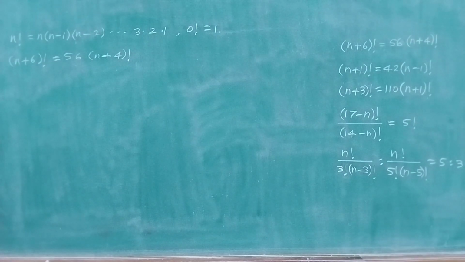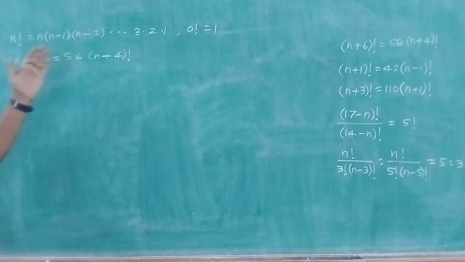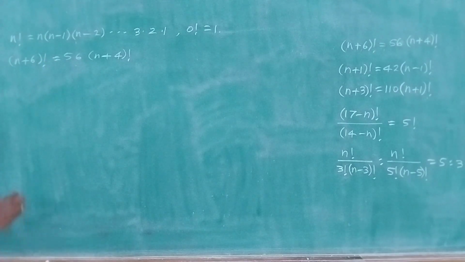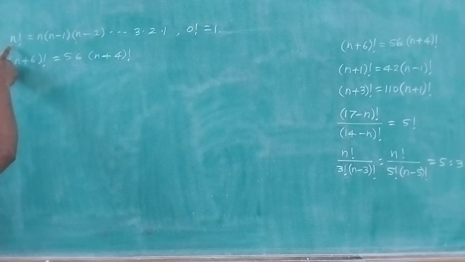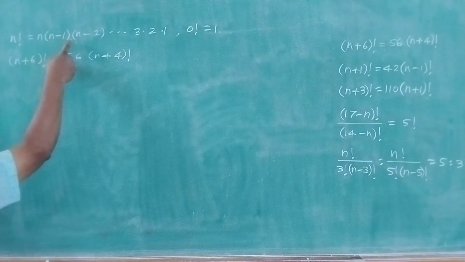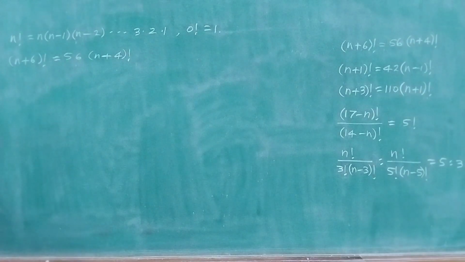Is it possible that (n+4)! will be written in terms of (n+6)!, or (n+6)! will be written in terms of (n+4)!? Every time when we write n factorial, we start with n, each term decreases and it terminates at 1.